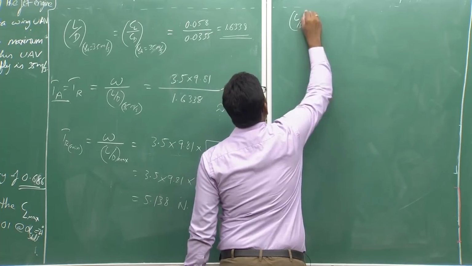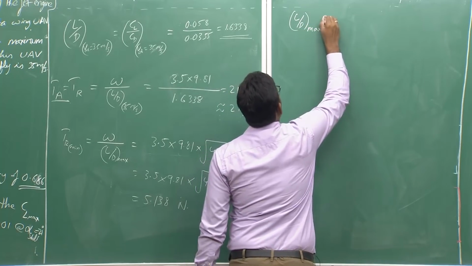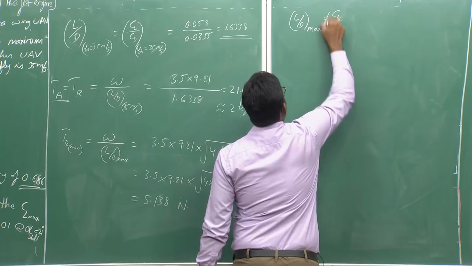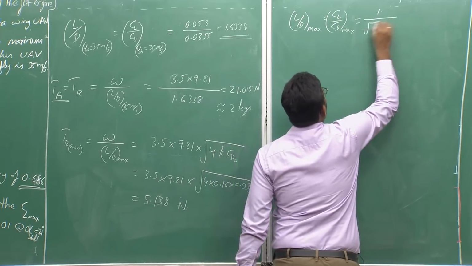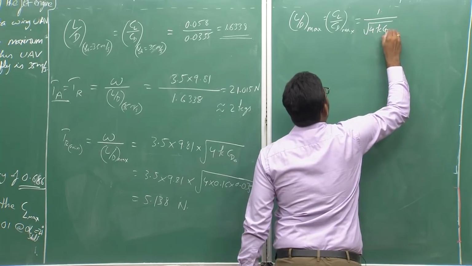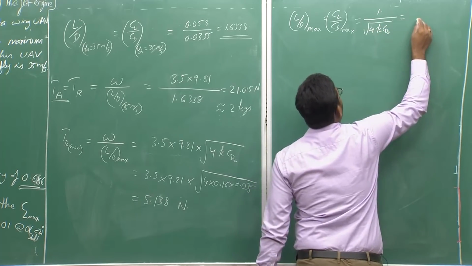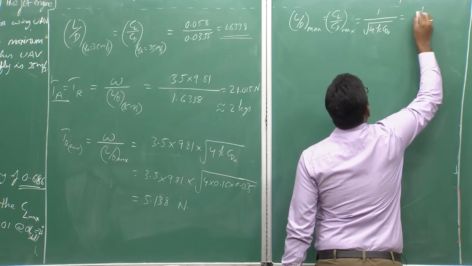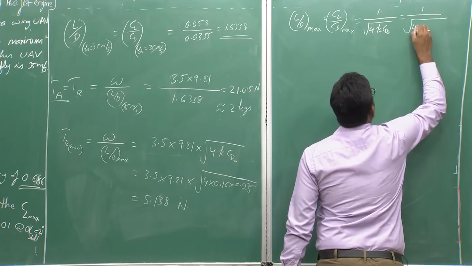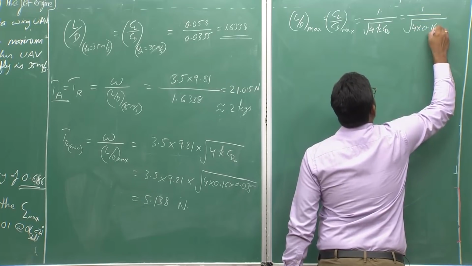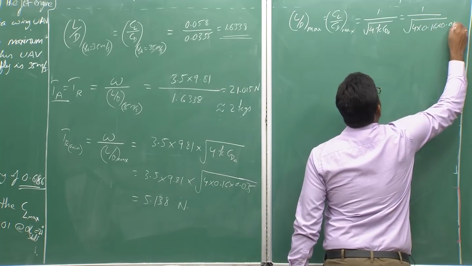What is L by D max? That is CL by CD max, which is 1 by root over 4K CD naught, that is 1 divided by the root over 4 into 0.16 into 0.035.